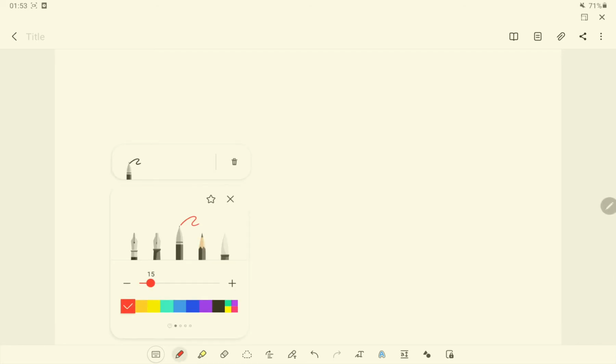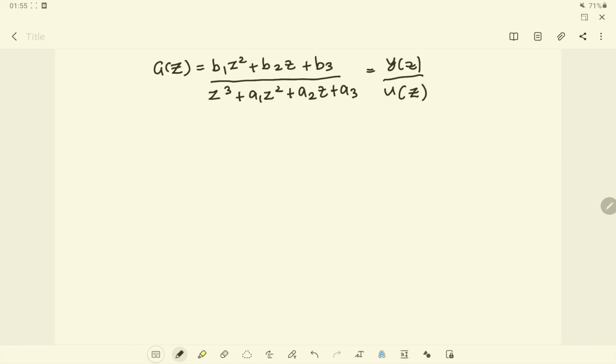So the question I have written down. Ta-da! So the question is how to convert from the transfer function to the state space. The transfer function is in Z form, while the state space is in k.